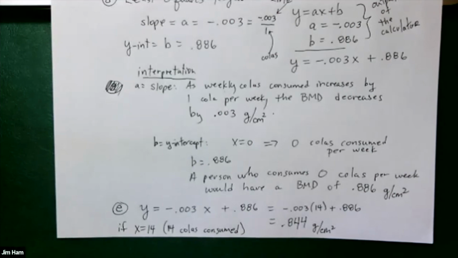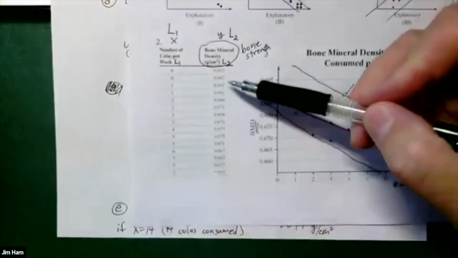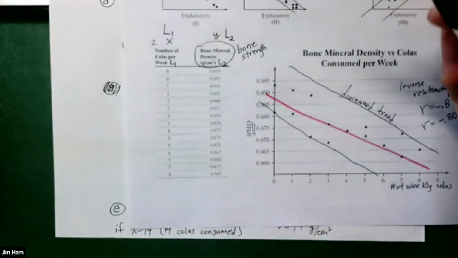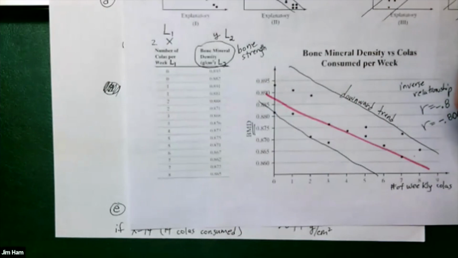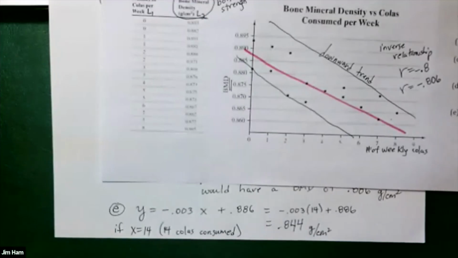But more importantly, when you look at all of these subjects in this study, not a single one had a bone mineral density that was less than about 0.86. So 0.844, our predicted amount here, might not even be a possible bone mineral strength of a human. It might lead to bones that are so brittle that they would just break by walking or something like this.